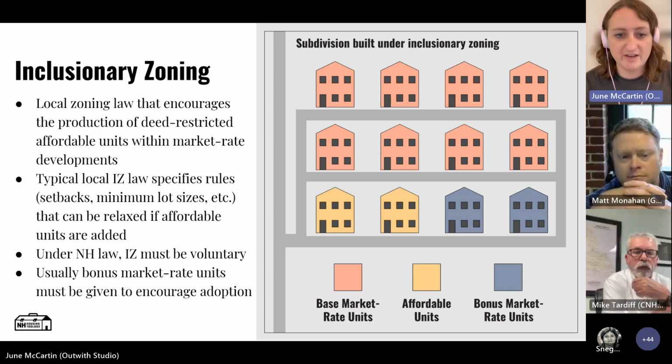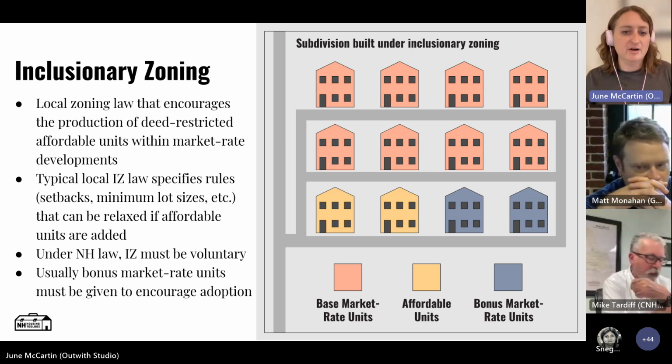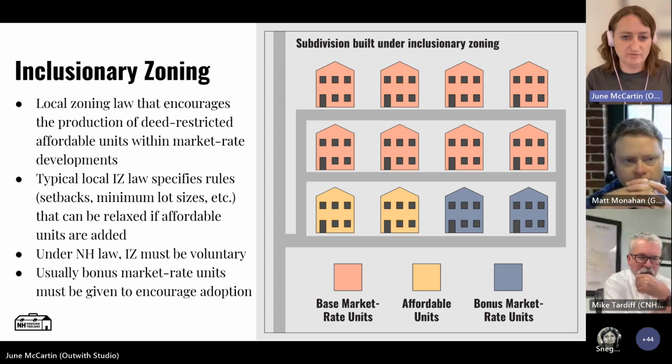That's a whole world of financial calibration. So this really should have a financial analysis preceding any adoption of inclusionary zoning in order to maximize implementation by developers and to make sure also that you don't leave anything on the table. You get as many workforce housing units as you can get for what you're offering.